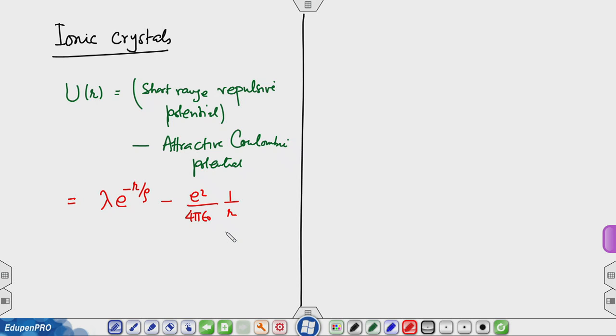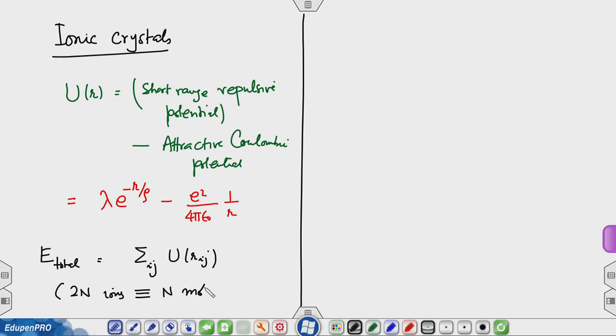And then when you summed over all the pairs, so E total was equal to summation over all these pairs of this u r i j, and this is over 2 n ions, or equivalent to n molecules.